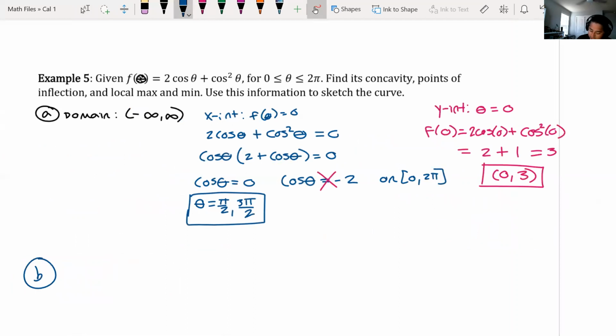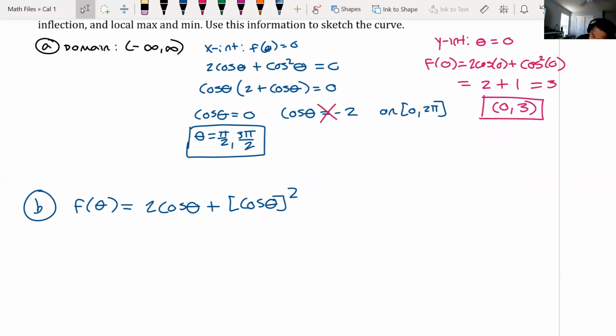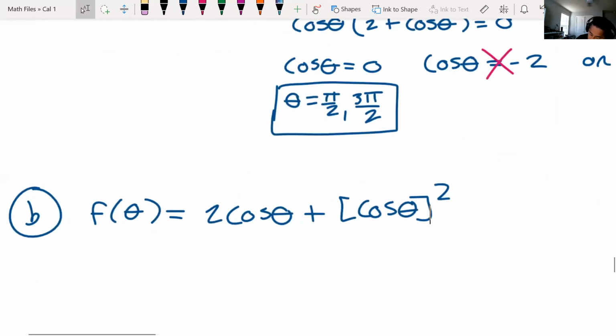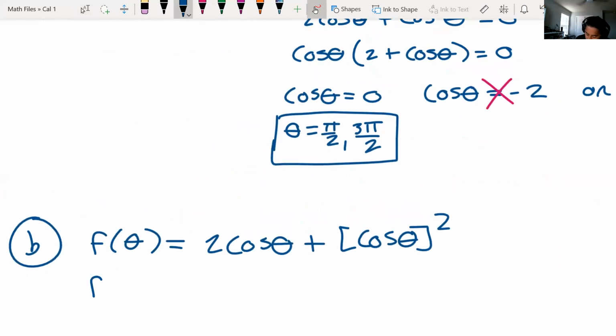First derivative. All right. So before we do so, let's rewrite this first as 2 cosine theta plus cosine theta squared. And now we're ready to find the derivative. Zoom in, and f prime of theta gives me -2 sine theta plus, what do we have?